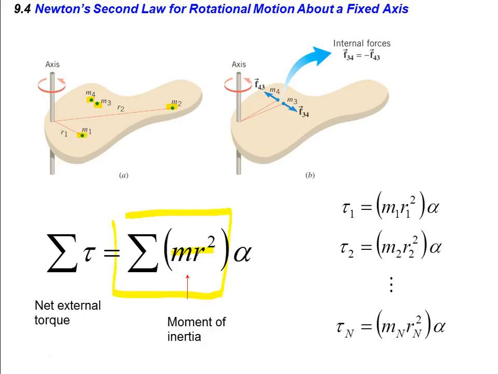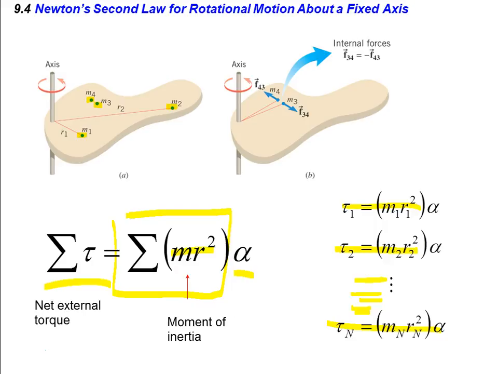The sum of all that times the acceleration alpha will give us the sum of the net external torque acting on the object. We can look at this as tiny individual torques, where every little mass has its own little torque, and we keep adding it up into infinity until we have all of them added together. Or we can look at it as this summation equation.